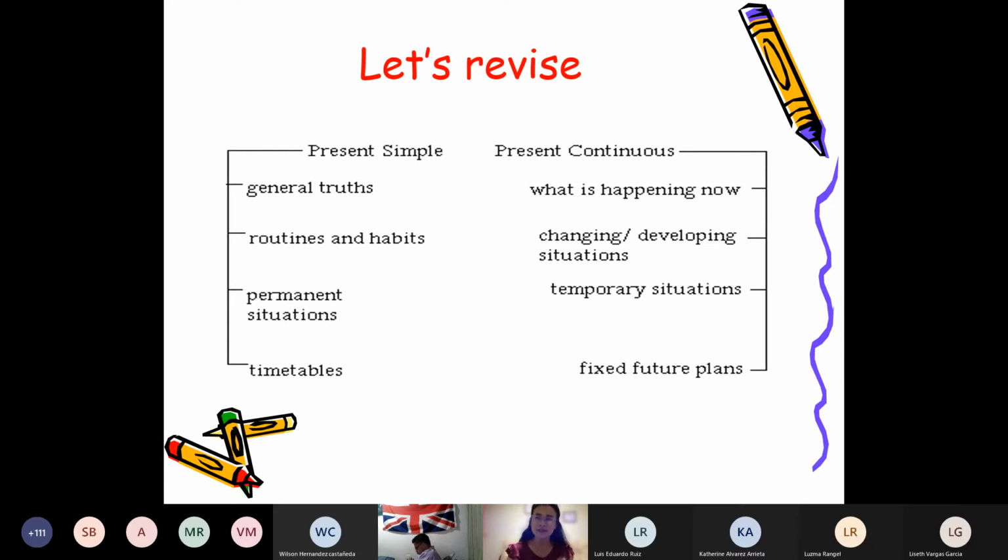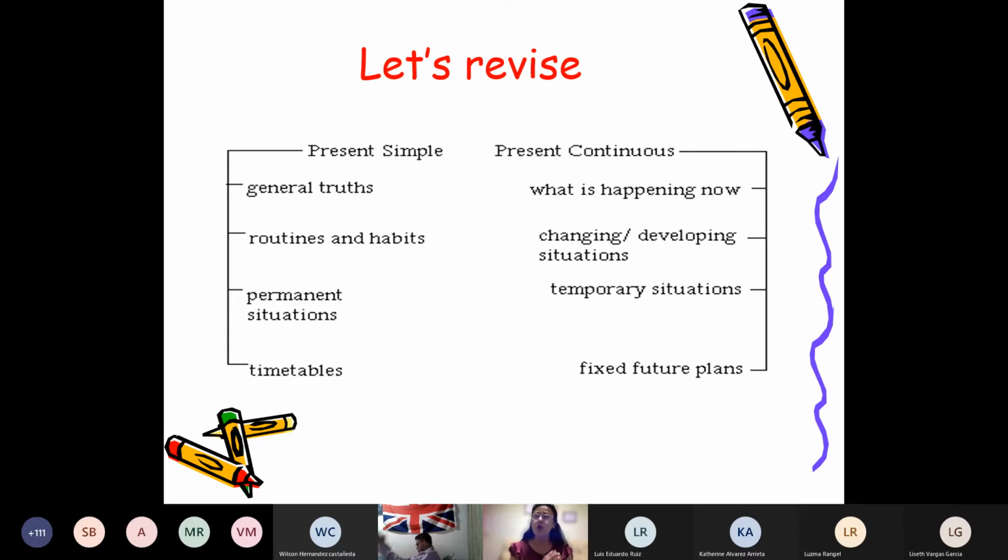Those are permanent situations. When you are talking about your professions, your jobs, your nationalities, the place where you live, okay? Those are permanent situations.